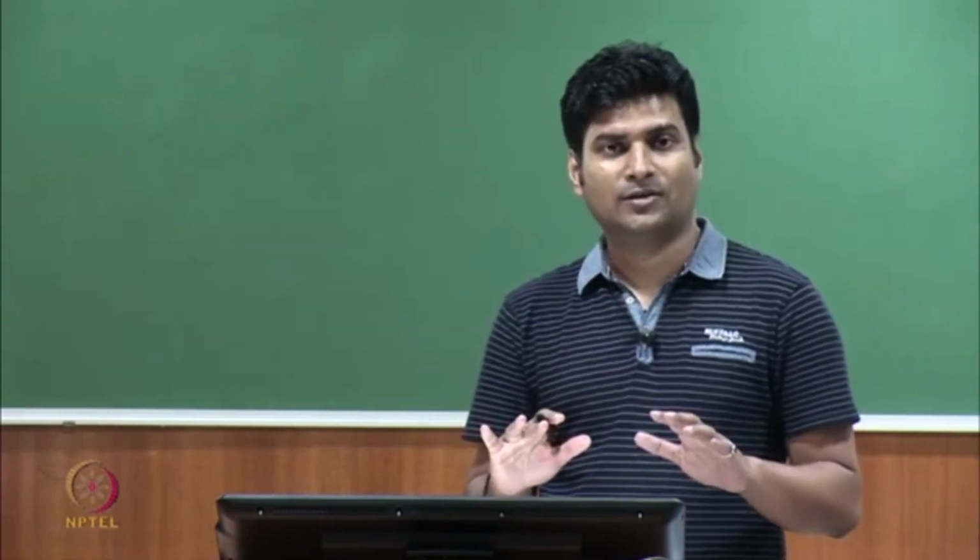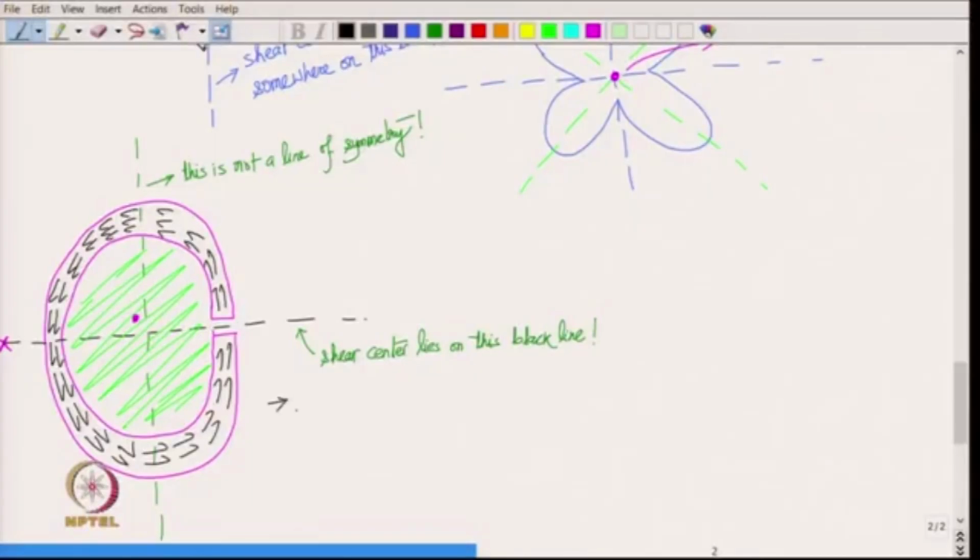The shear center can also be outside the cross section, which we call as on an extension of the cross section. Okay, so, this is a very interesting case where the shear center does not lie on the cross section, but on an extension of it.